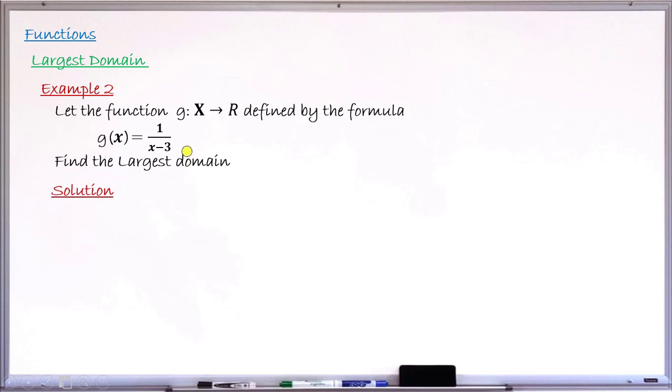What you need to do, the largest possible domain may be the set of real numbers, but some values in the real numbers would not have an image because of some reason for some functions. And if you have a function like this, 1 over, meaning algebraic fraction, what will now come to your mind is having 0 at the denominator level, because dividing by 0 is not allowed.